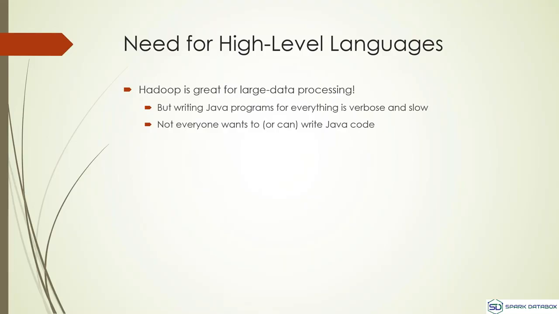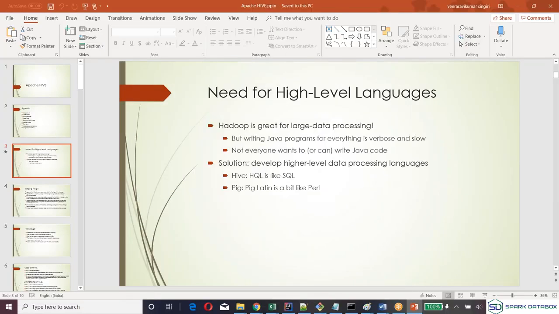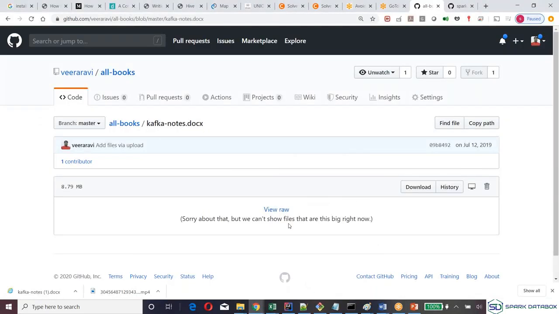The problem with MapReduce is that it is Java based code. We have to write very lengthy programs. I think I have shown you a simple program earlier also. Let me show you once again.